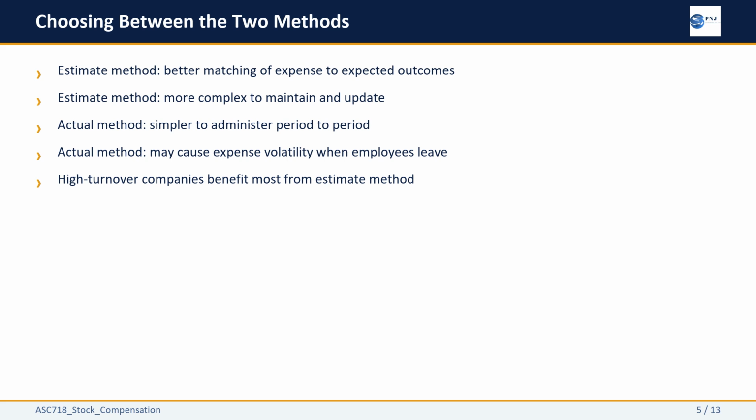The downside is potential volatility. If a large group of employees departs at once, a significant reversal of previously recognized expense hits the income statement all at once. Companies with high employee turnover and large grant programs will generally benefit most from adopting the estimate method to smooth that volatility.